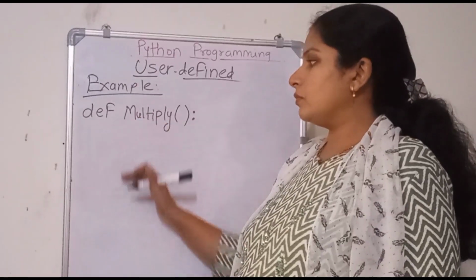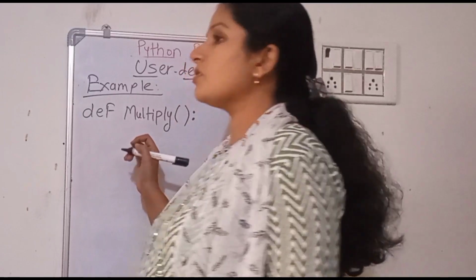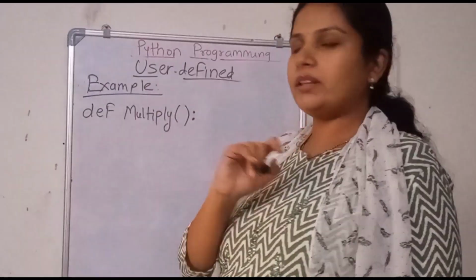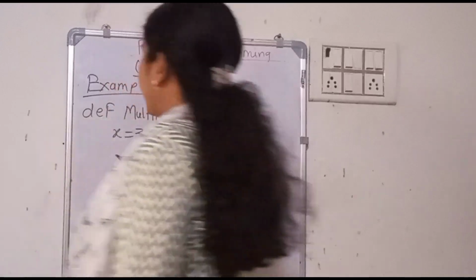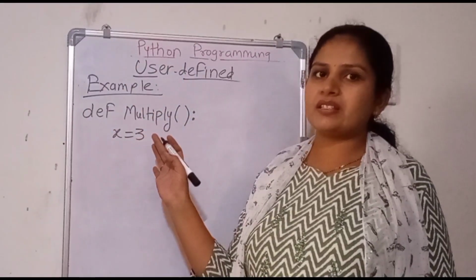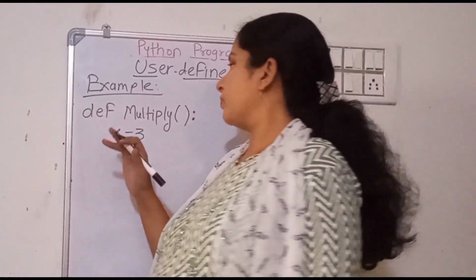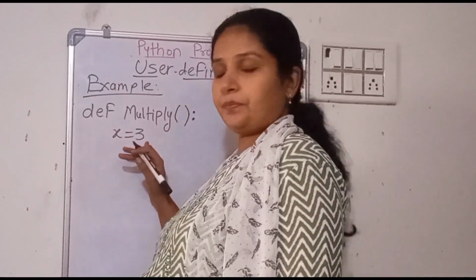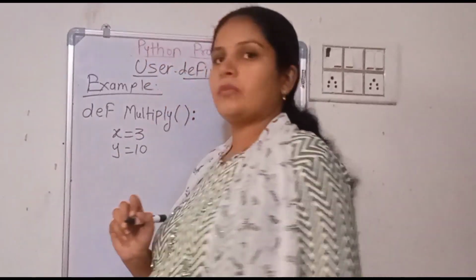After this I am opening one indentation block, and in this first I am going to take one number. Suppose x is equal to 3. Now let's take the number in the program itself. Next time we will take the number from the user. So x is equal to 3 and the second number y is equal to 10.